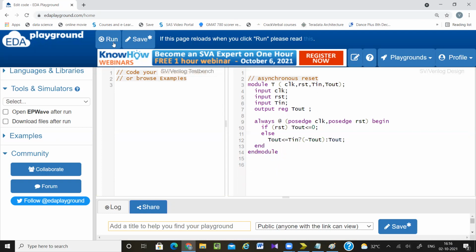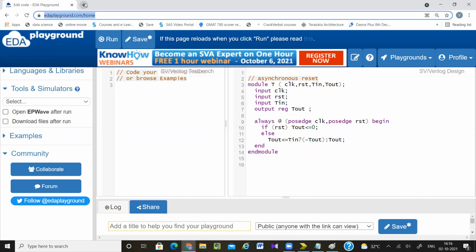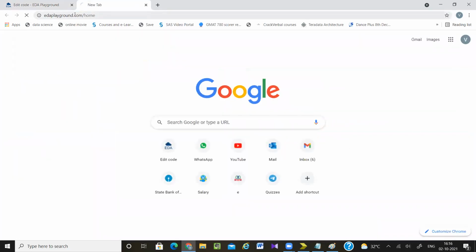Now, if you want to check its waveform, you can simply check with whatever previous waveform I have written.